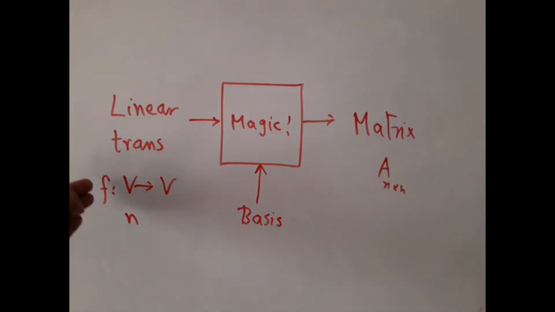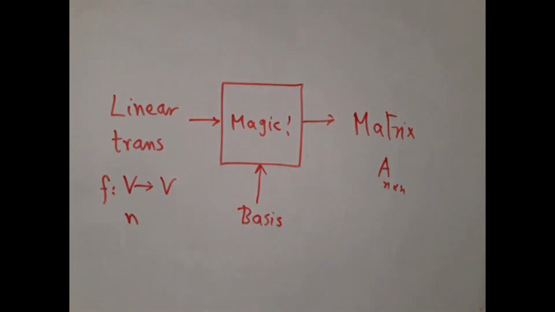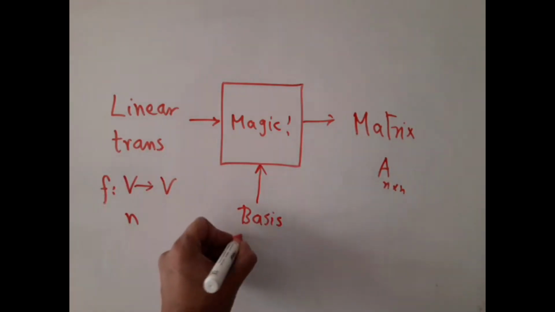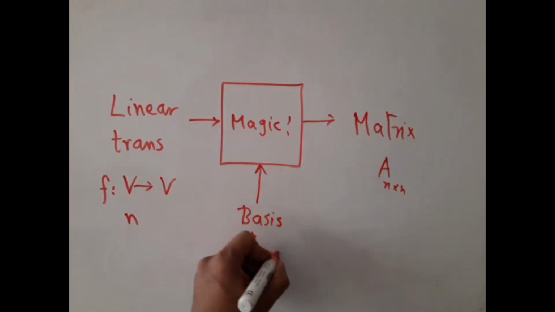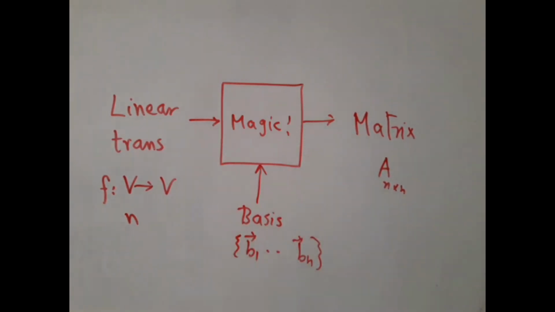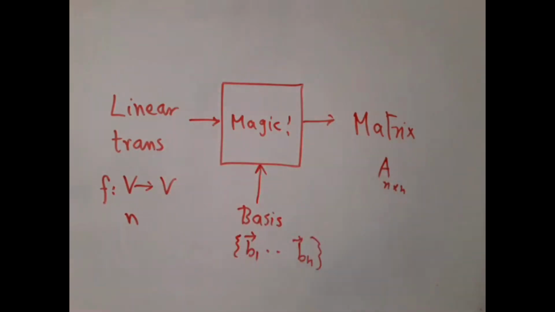It's not that if you tell me V, I can immediately give you A uniquely. For that, I have to specify some basis. So some basis b1 dot dot dot up to bn needs to be specified. With respect to this basis, a linear transformation can be represented by a matrix A uniquely.